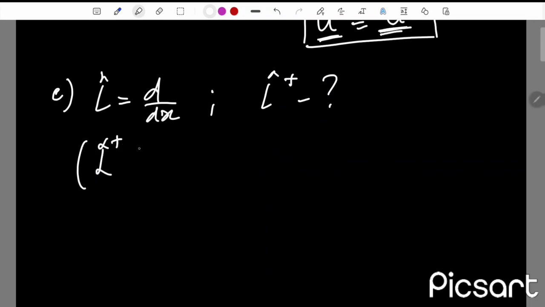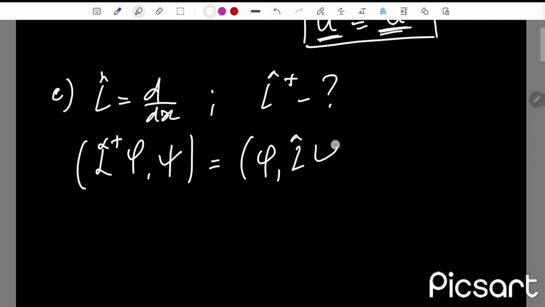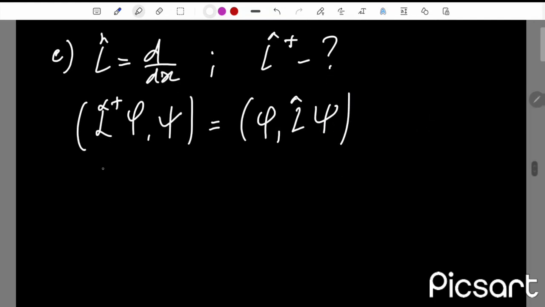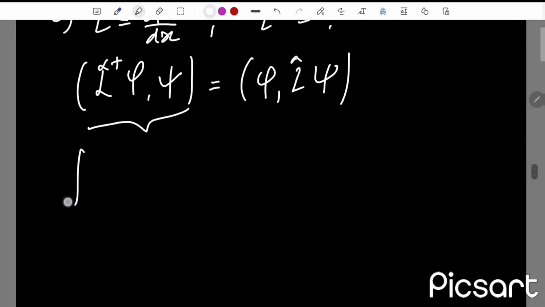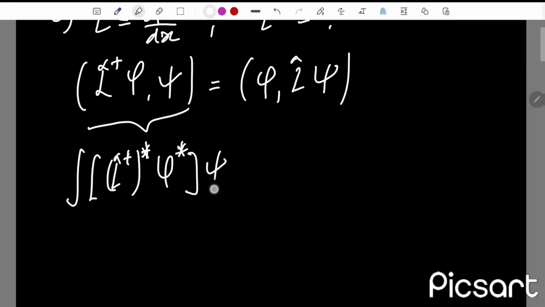Here we have L dagger acting on phi psi has equal to phi L psi, and from now we know that this is actually equal to L dagger complex conjugate acting on phi complex conjugate times psi d of x.